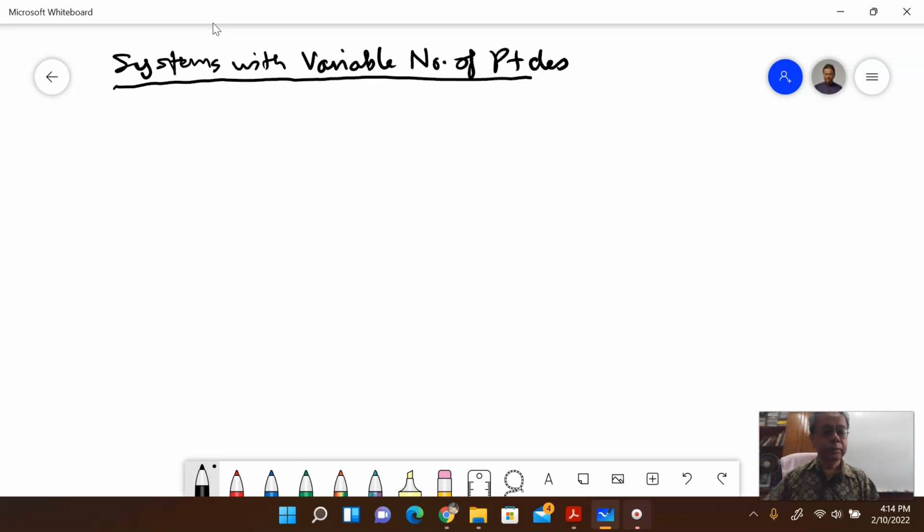There are two ways to have this variability of number of particles.